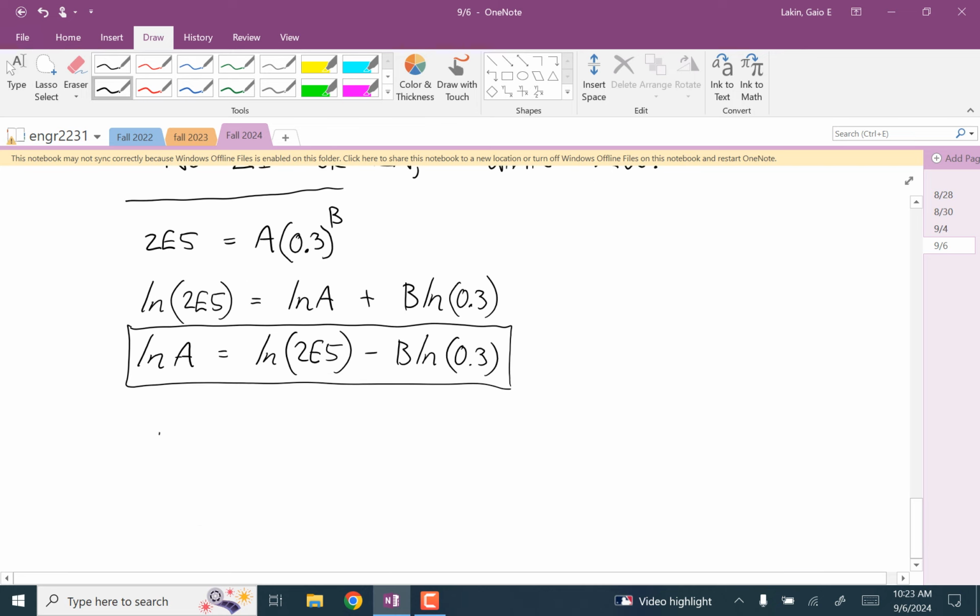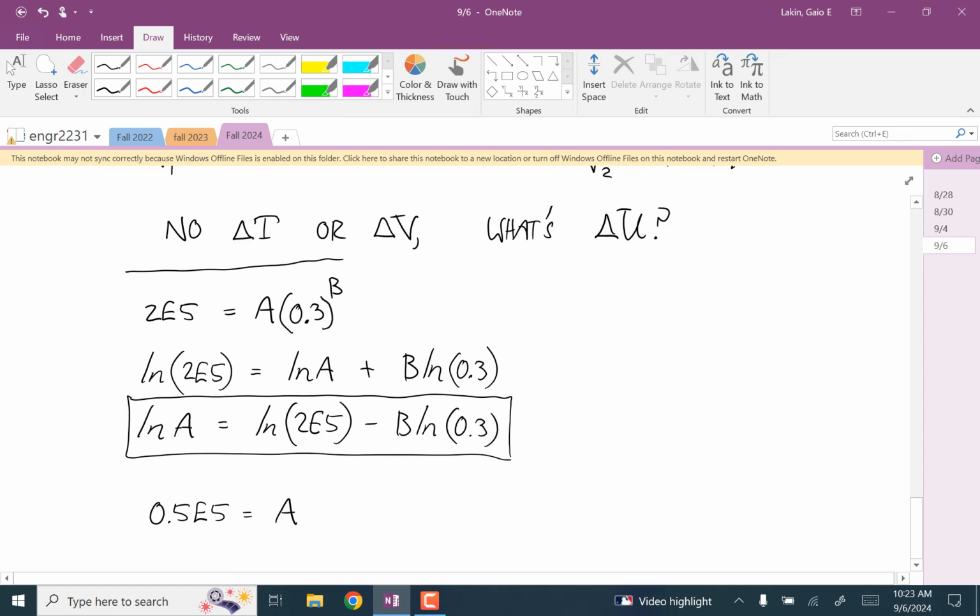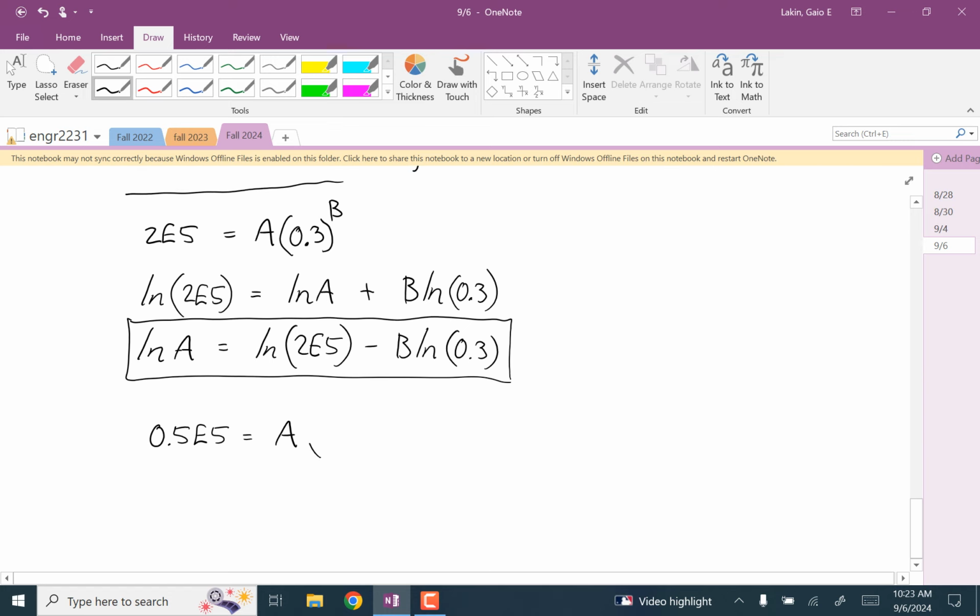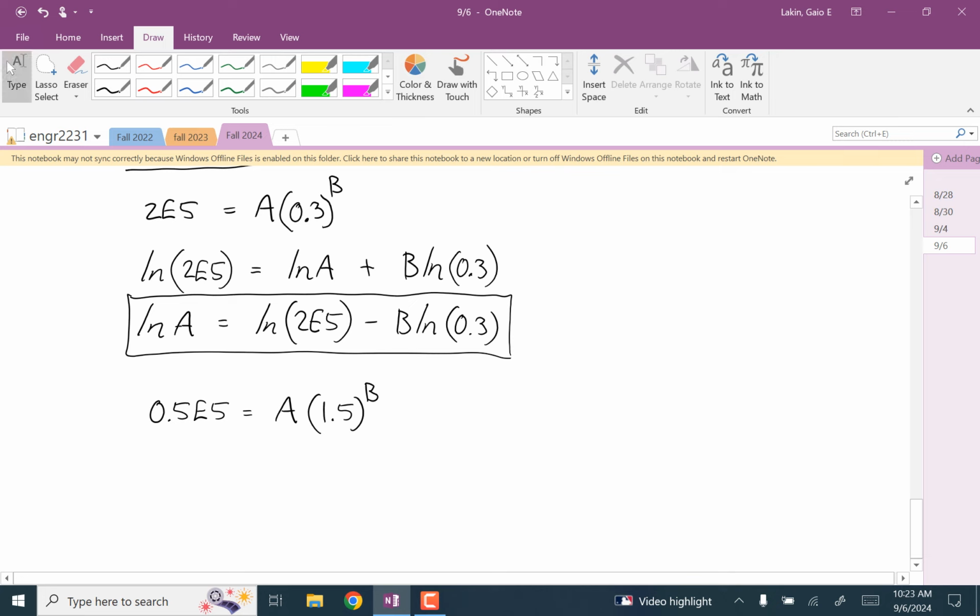That says that 0.5 bar, so 0.5 times 10 to the 5th, is equal to A times 1.5 to the power of B. And so natural log of 0.5 times 10 to the 5 is equal to natural log of A plus B times the natural log of 1.5.